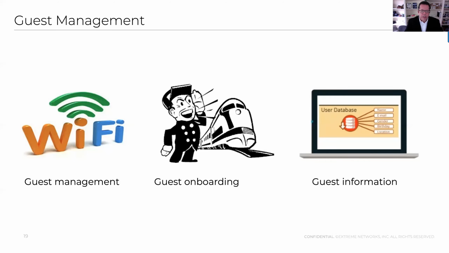Very often you see these guest management solutions packaged as a third-party overlay service, and they also include analytics. Very often guest management solutions don't necessarily come from your Wi-Fi networking company. They might come from a third-party service company.